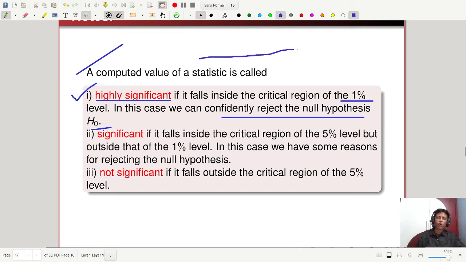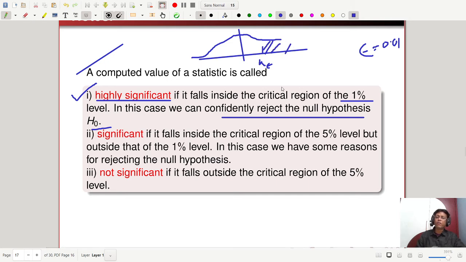So in this critical region, epsilon can be chosen as 1%, so 0.01. If it falls in this critical region, then you can confidently reject the null hypothesis. And in this case, the test is called highly significant.